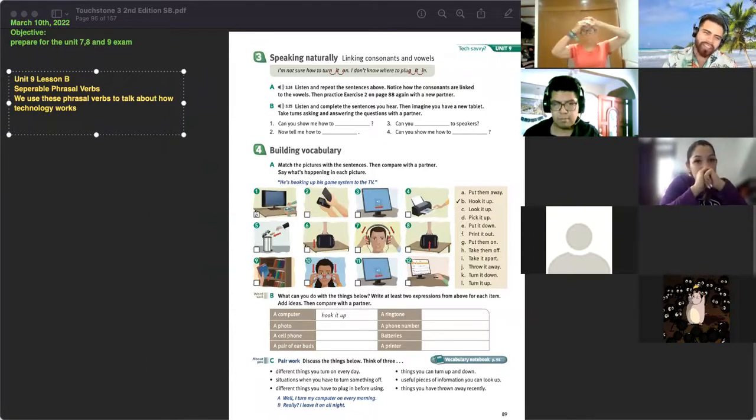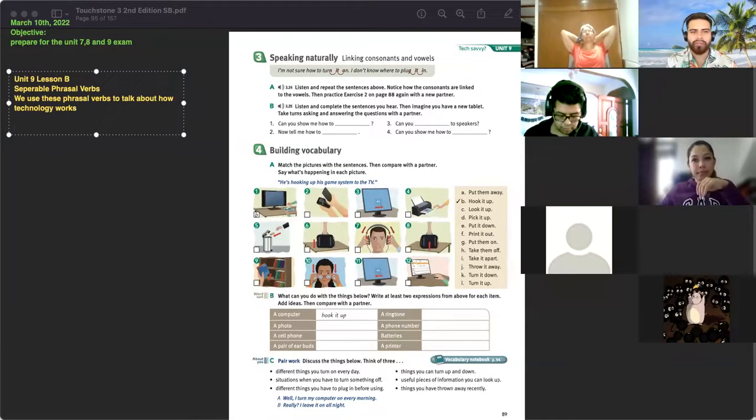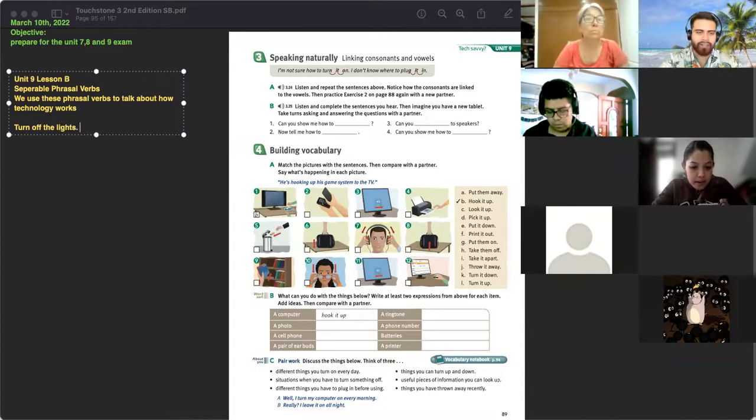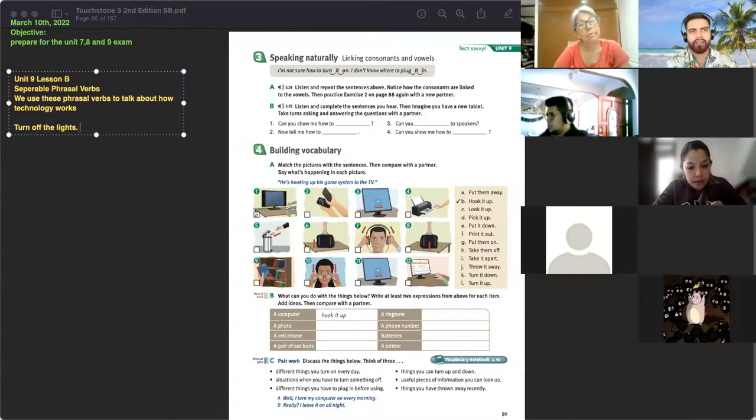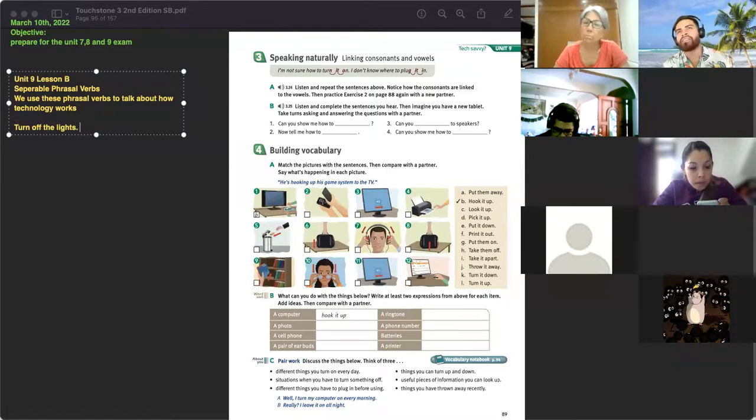Who's been very quiet? Celine, how do you say apaga la luz? Turn off the light. Turn off the lights. All right. Now, she said turn off the light, and that would be correct, but it's more common to say turn off the lights. Even if it's one, I don't know why, but it's just more common.